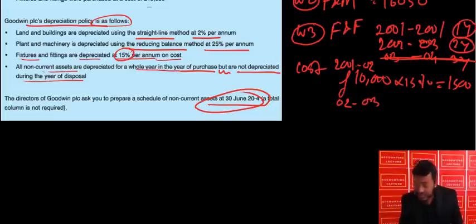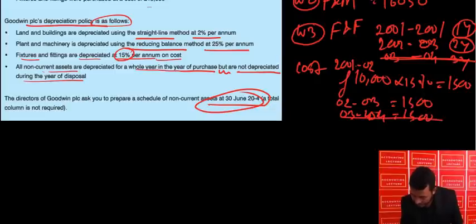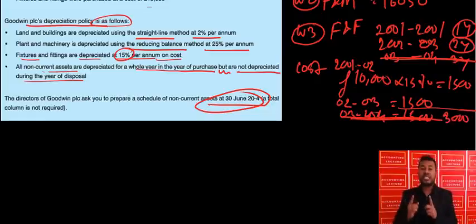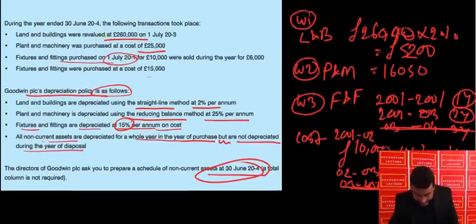If you do the same thing, it's straight line, every year is the same, it's 1,500, and 3 to 4 is 1,500 again, but you don't take last year's depreciation. Over the 2 years depreciation is 3,000. So provision for depreciation on 10,000 is 3,000. 10,000 is the cost. Over the 2 years, the depreciation you need to take is 3,000. That's the elimination on disposal.